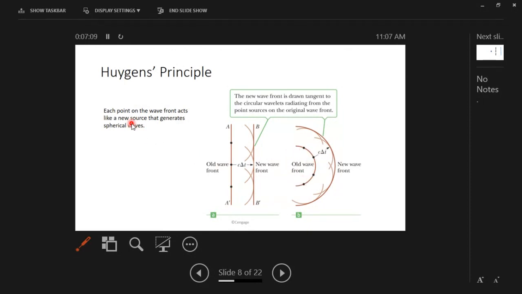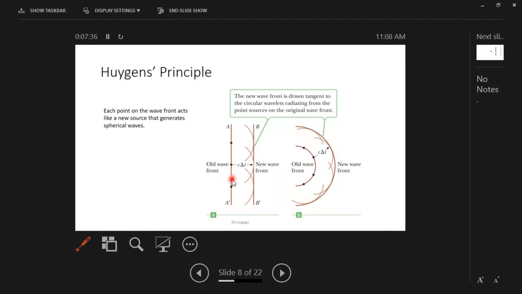Now, according to Huygens' principle, each point on the wavefront acts like a new source of light or wave that generates spherical waves. So when you look at this point, which is on the old wavefront, this point acts like a new source for the light, and it's going to generate spherical waves.